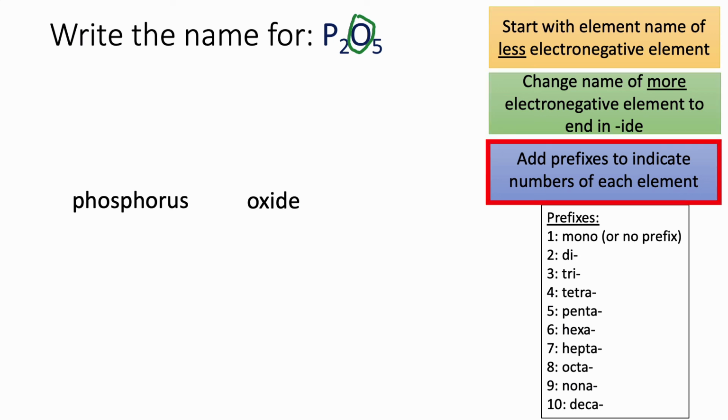But step 3 is to add prefixes to indicate the numbers of each element. So we have 2 phosphorus, and back to our old prefix table, diphosphorus. And then we have 5 oxygens, so that's going to be technically pentaoxide, but usually if your element name starts with a vowel, you drop the leading A. So that's going to be diphosphorus pentoxide.